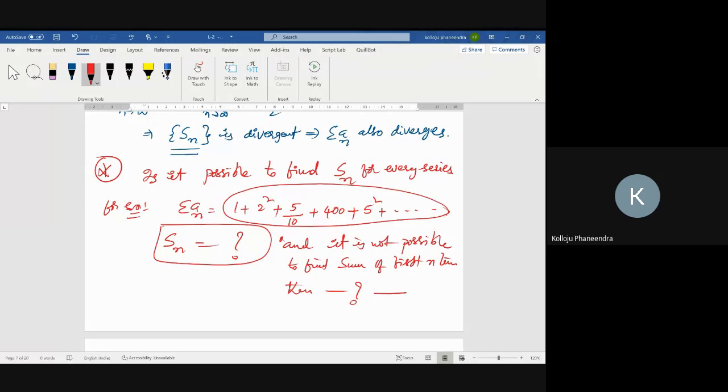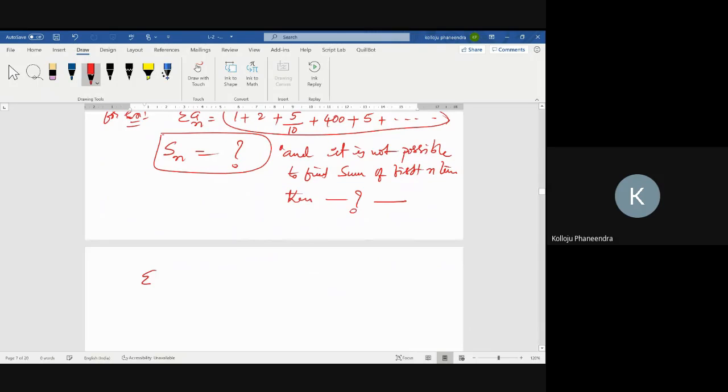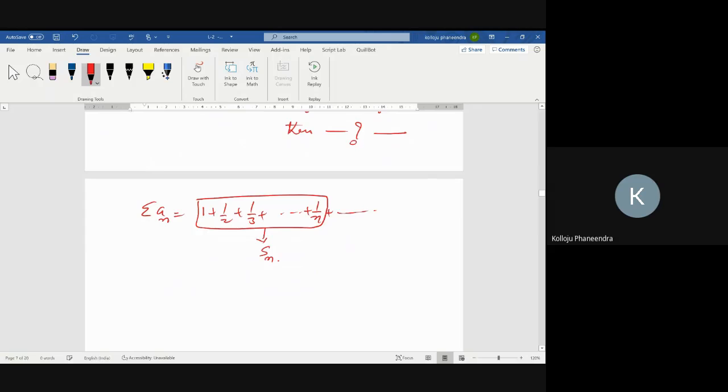Right, yeah. Sequence of nth partial sum means if we consider one series, for example, sigma an equal to some series, you take 1 plus 1 by 2 plus 1 by 3 and so on. This is nth term and so on, right? Here, first n terms. Remember, only first n terms. This is my Sn. Not alternate terms or zigzag terms.